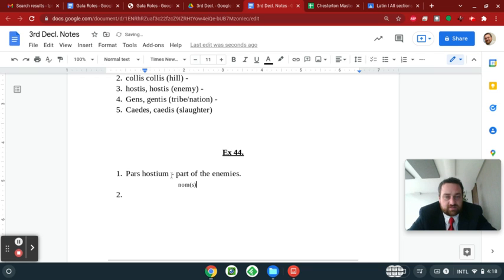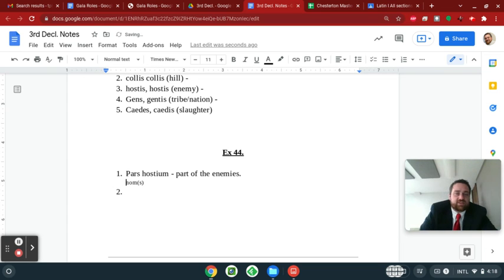And let's do that nominative singular. Well, let's put them under the Latin words. Pars is in the nominative singular. There we go. Maybe I need to make it a little smaller. And this one's in the genitive plural. Okay. And so that is what number 1 would look like.